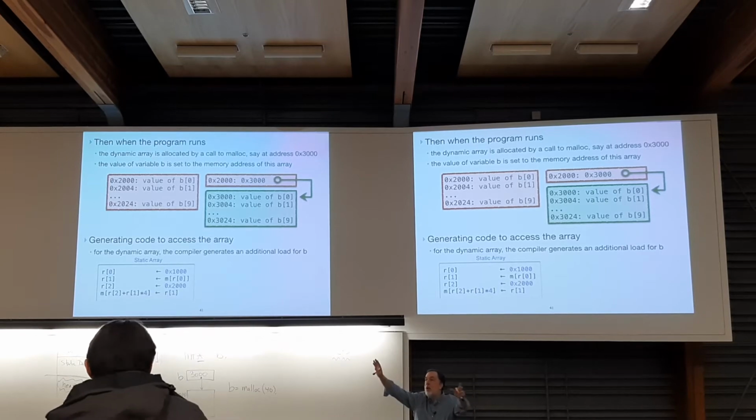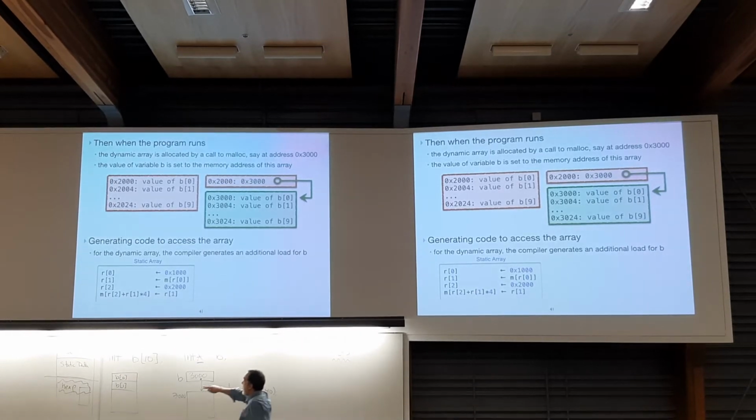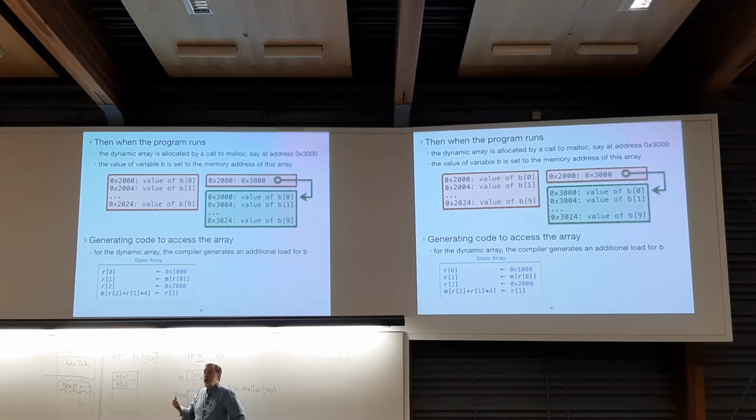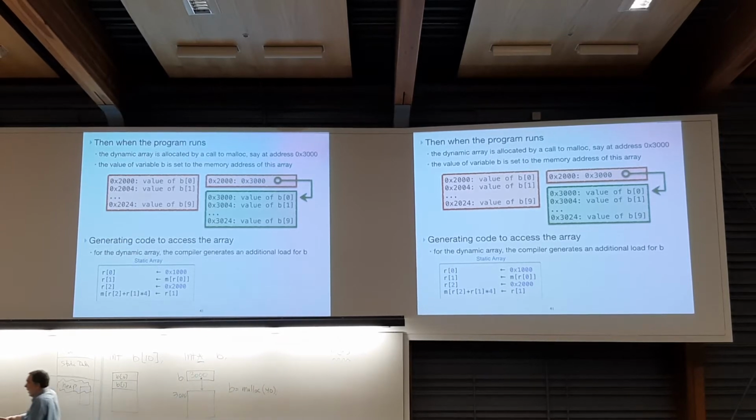But yes, it doesn't matter whether the array is statically allocated or dynamically allocated. It is contiguous and you can access it with an index. And we can always determine the size of the array, as we did last time, the address of an array element, by taking the base plus the index times size.